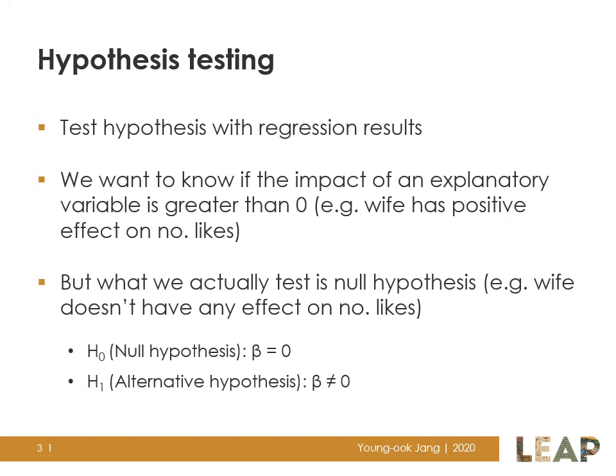If the dispersion of the coefficient is very large, then you can't say that it's greater than 0. For example, if the coefficient was 0.3 but the standard deviation is 1, then it's on the negative side as well.